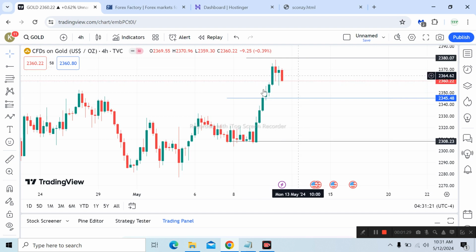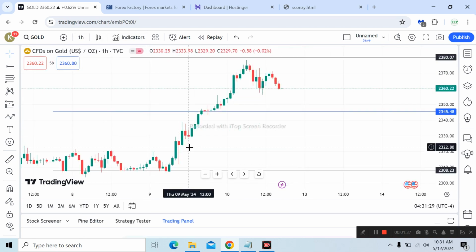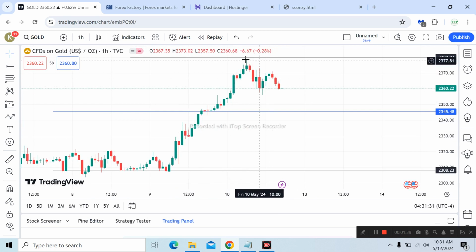So we go to our 1 hour for clarity. On our 1 hour time frame, we can see that price is still on a further bearish move to the downside.